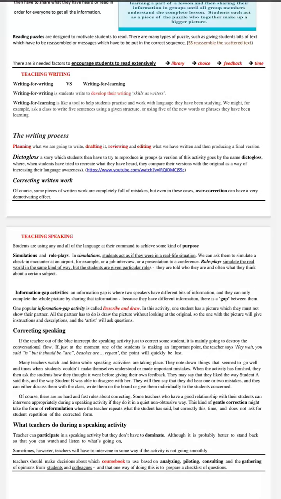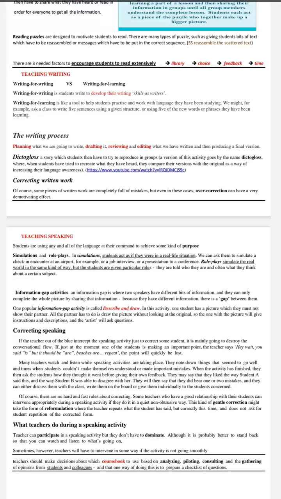All the partner has to do is draw the picture without looking at the original. So the one with the picture will give instructions and descriptions, and the artist will ask questions.